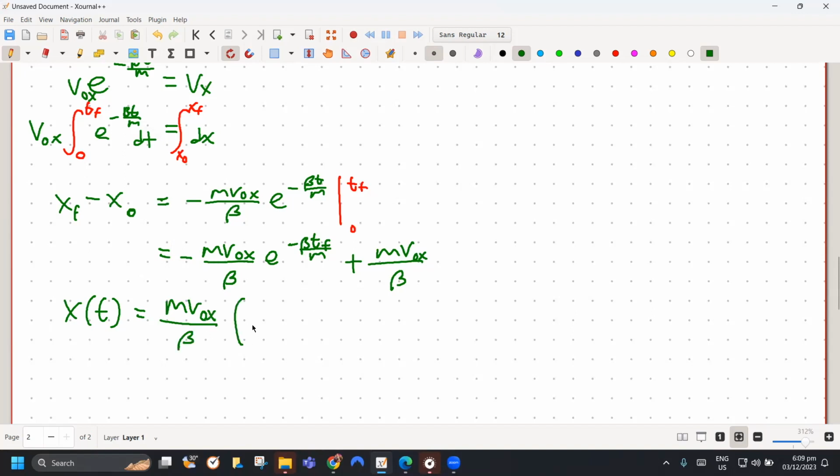Negative 1. Bakit naging positive beta T over M? Okay, plus, basta may plus X sub 0 ka pa.